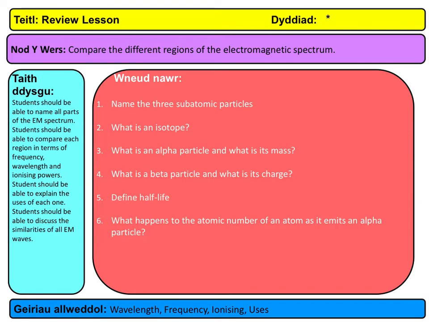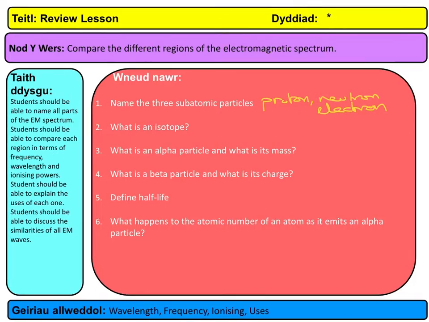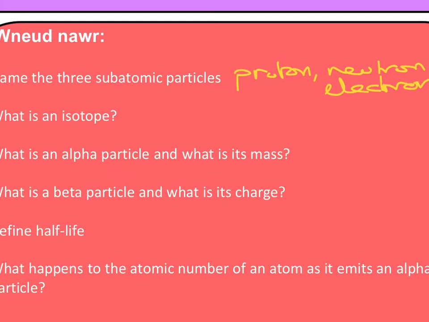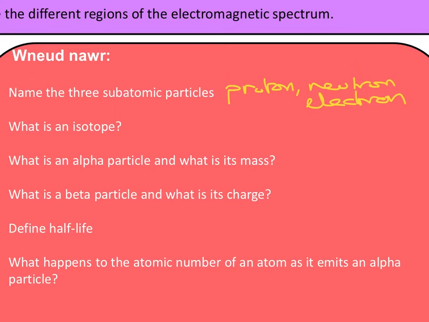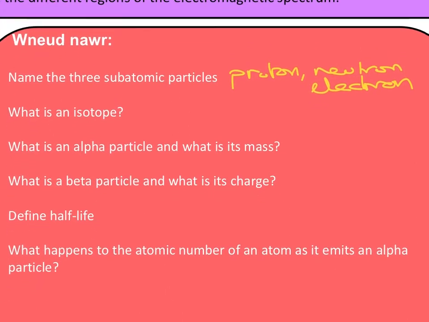Okay, so first things first, let's look at our three subatomic particles. So we have proton, neutron, electron. Okay, subatomic because they make up the atom. Okay, atomic is basically making up the atom.